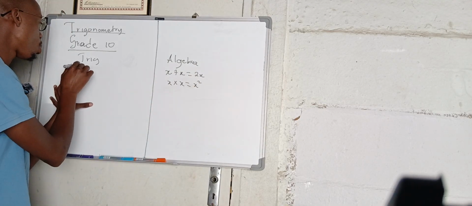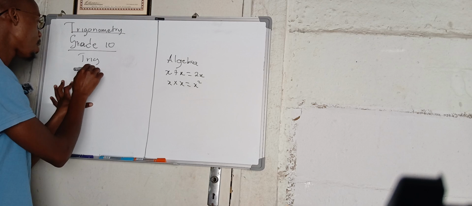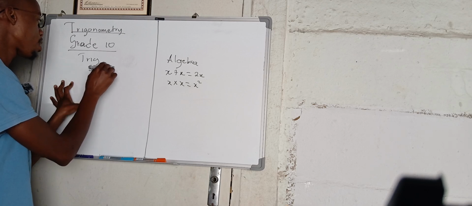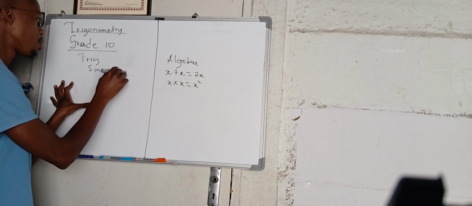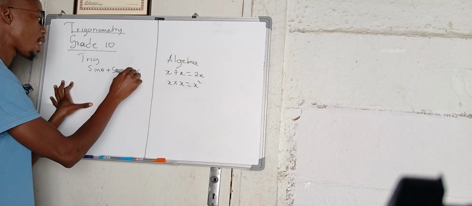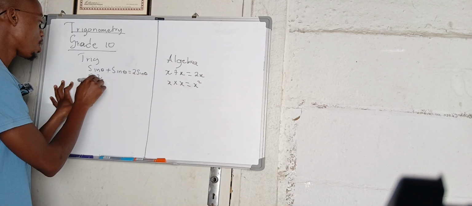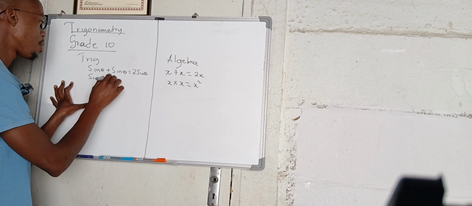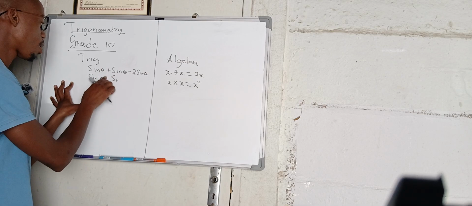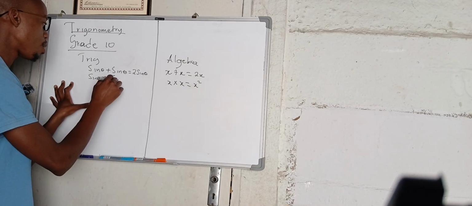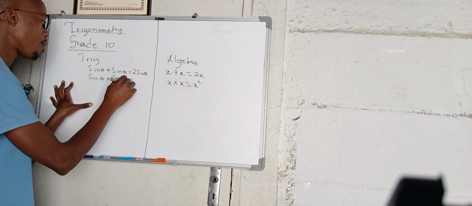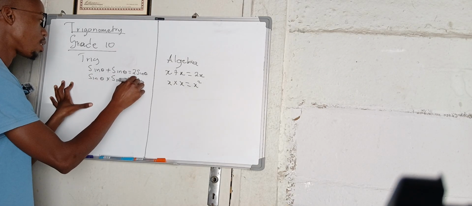The same is true here when we have sine theta plus sine theta, we will have 2 sine theta. And when you have sine theta multiplied by sine of theta, we'll also have sine squared theta.